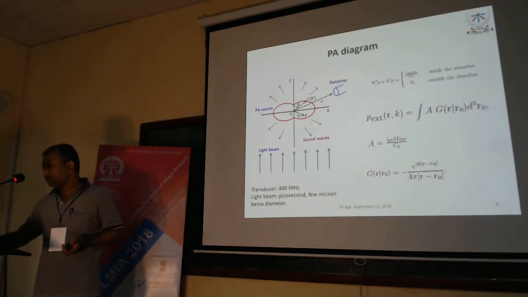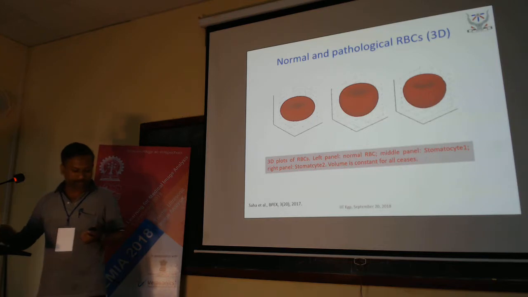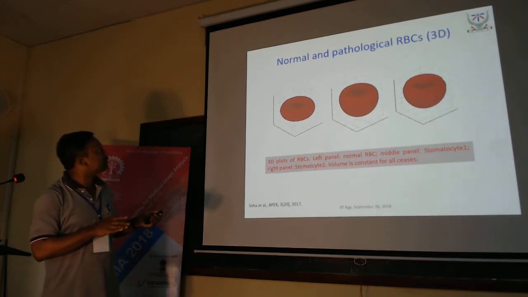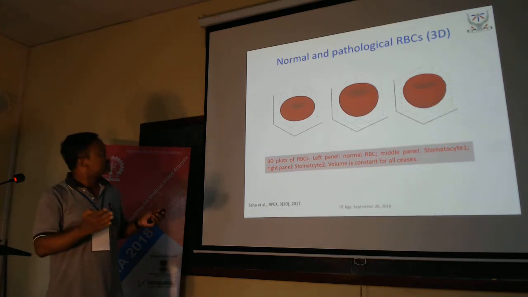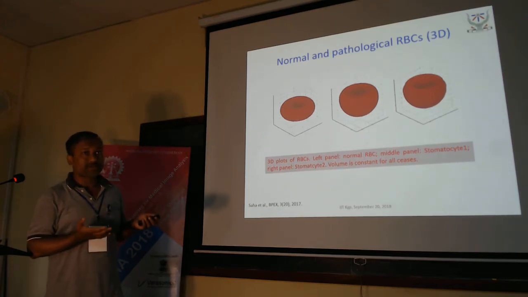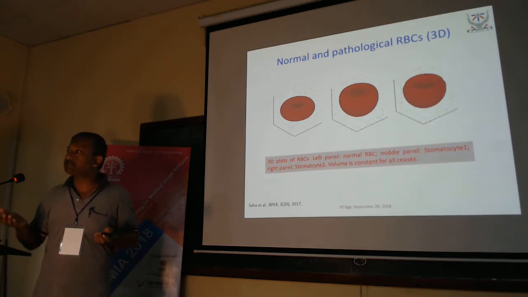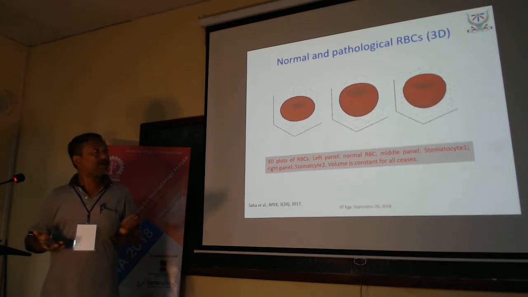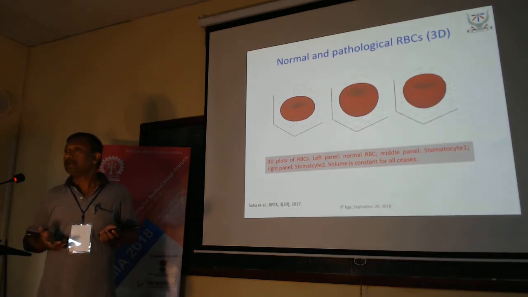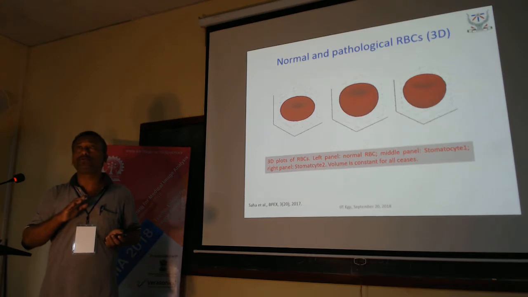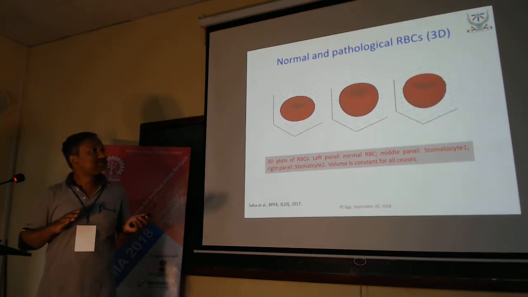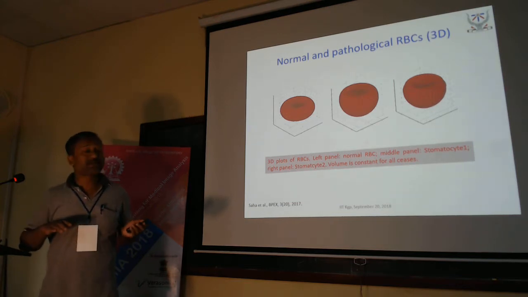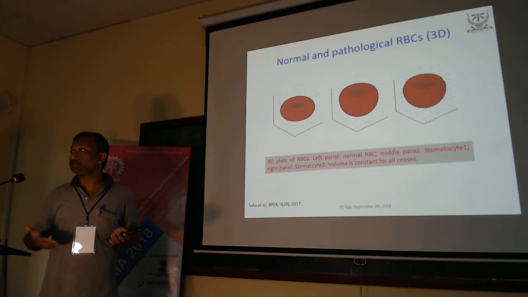Okay, so we generated some red blood cell shapes. This is the normal red blood cell, the biconcave shape, but there are several pathological conditions where your RBC will deform. This is known as stomatocyte, and this is not a good shape from the circulation point of view, because it will create a lot of circulatory disorders.